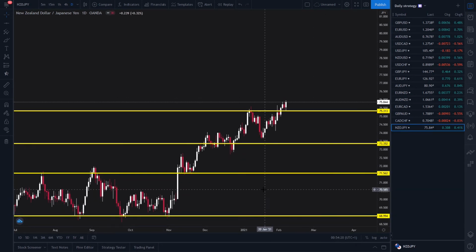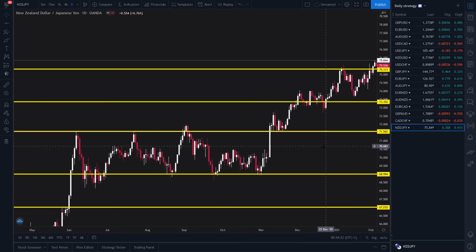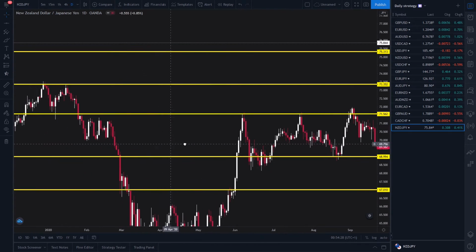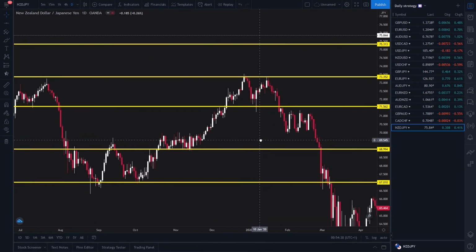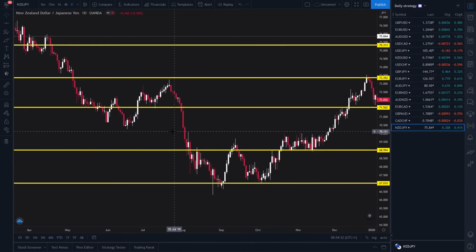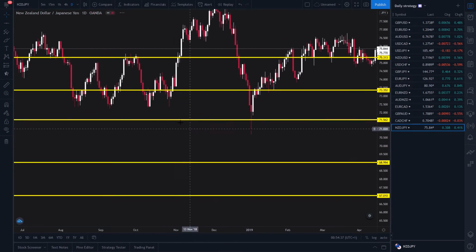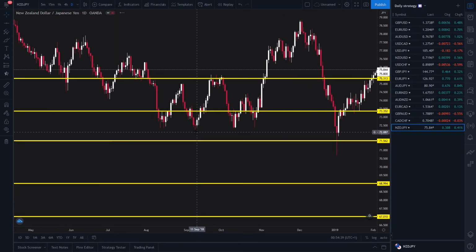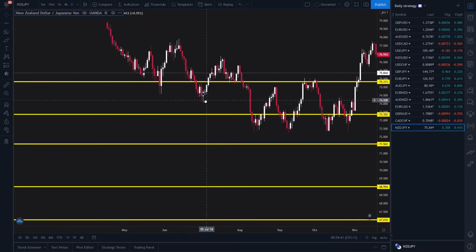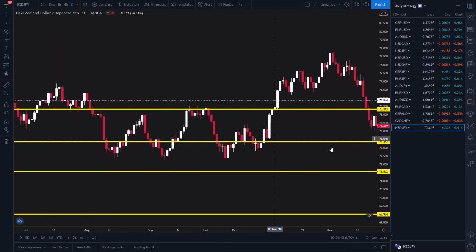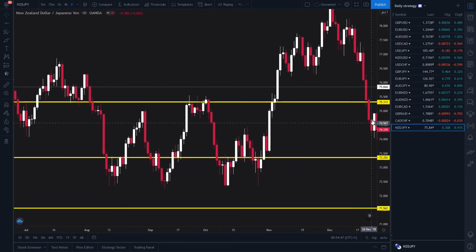What you're looking for are indecision candles on those levels, either of break or of pullback, or breakdown or reversal. So you can scroll backwards and backtest it really quickly.